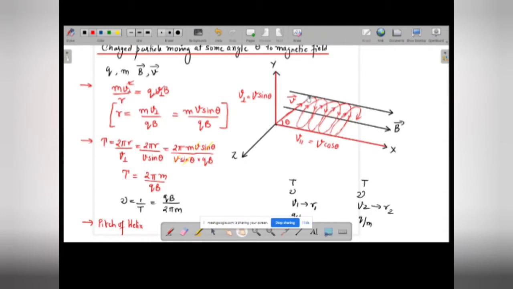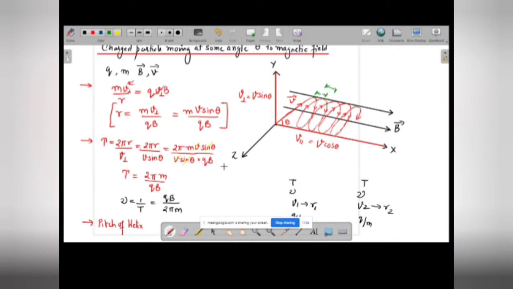The linear distance travelled by the charged particle in one rotation is called the pitch. Basically, it is the distance between two crests, or the distance between two troughs.